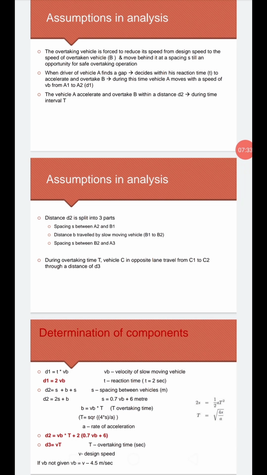And d3 is equal to v into capital T, where v is the design speed of the overtaking vehicle and T is the overtaking time. If vB is not given, in meters per second, vB is equal to v minus 4.5, and if it is in kmph, the formulas will slightly change for capital T, and vB is equal to v minus 16 kmph.